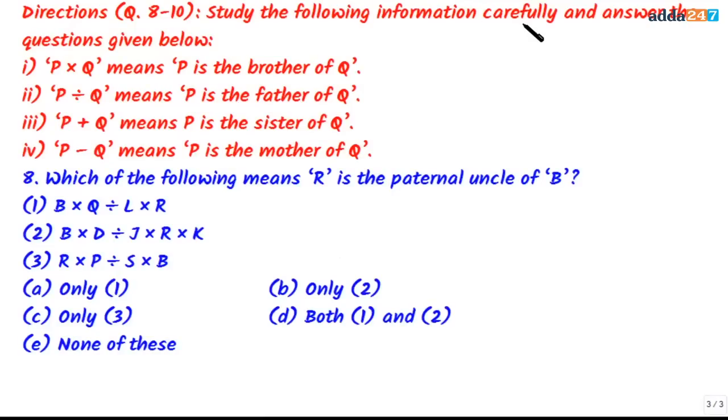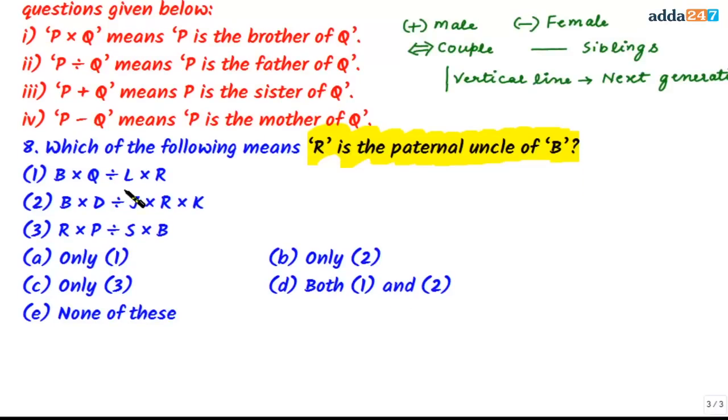Study the following information carefully and answer the questions given below. So this is the information given, and question number 8 is this. Which of the following means that R is the paternal uncle of B? So these are the relations which are given, and these are the options. Let's do this question. Let's form a diagram for each of these 3 relations given.